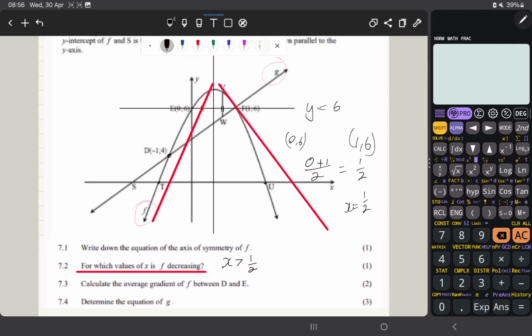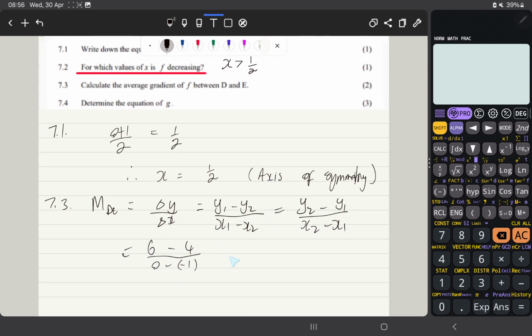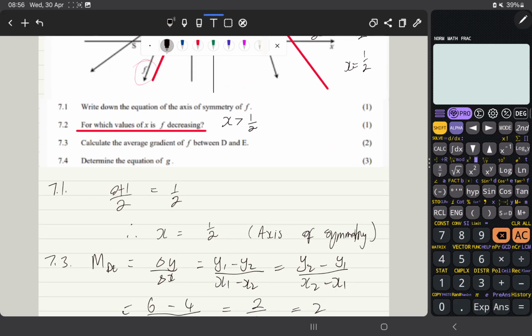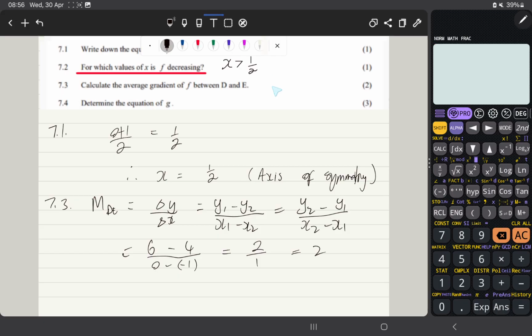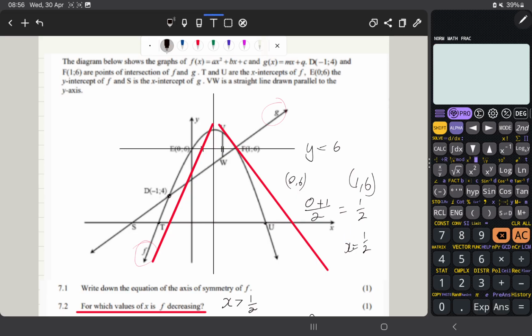That gives me 2 all over 1, which is 2. So the answer here, these are the calculations of course, then the answer will be m of DE equals 2. Looking at DE, I'm thinking differential equations.